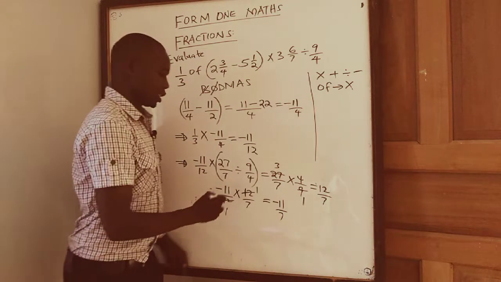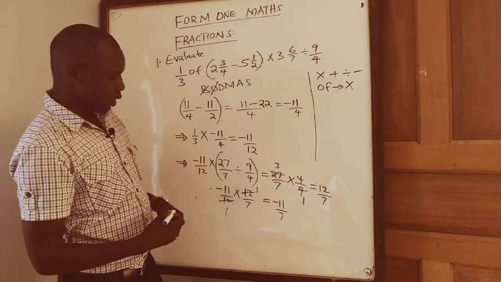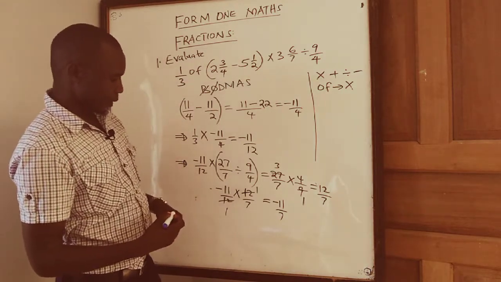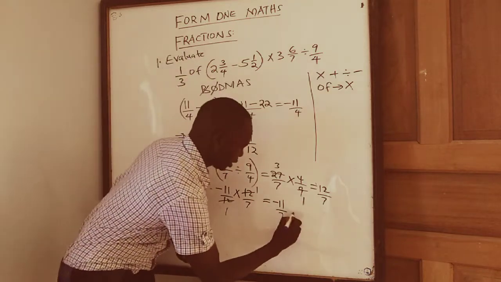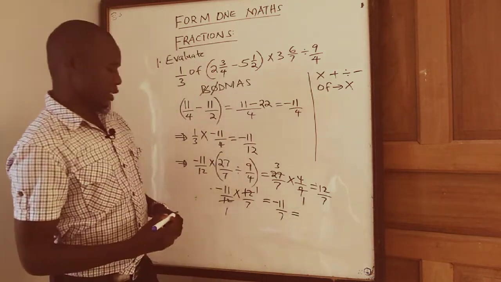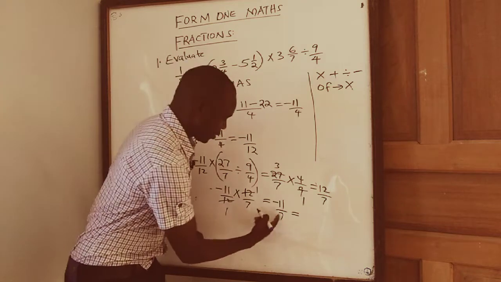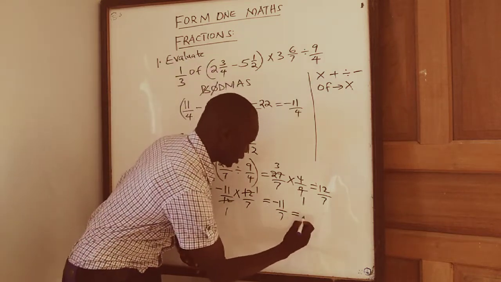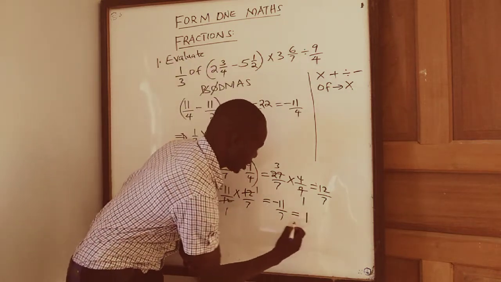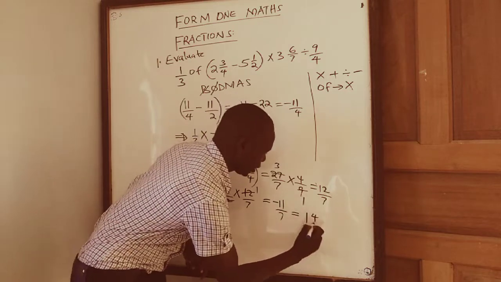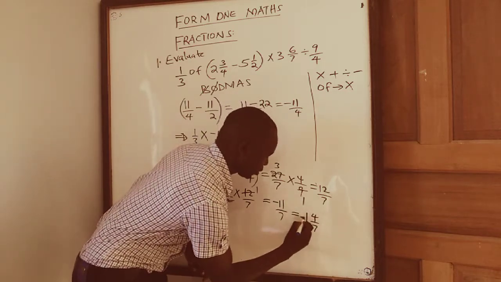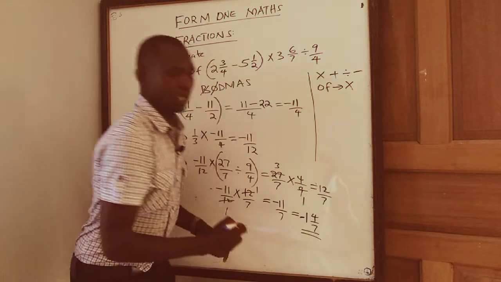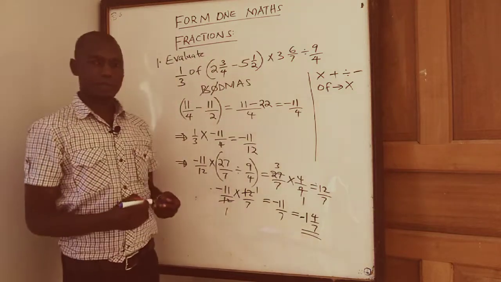And that is the answer as an improper fraction, but you can also express your answer as a mixed fraction. 7 goes into 11 once. Then the remainder is 4 out of 7, but the whole answer is negative, and that is the answer to that question.